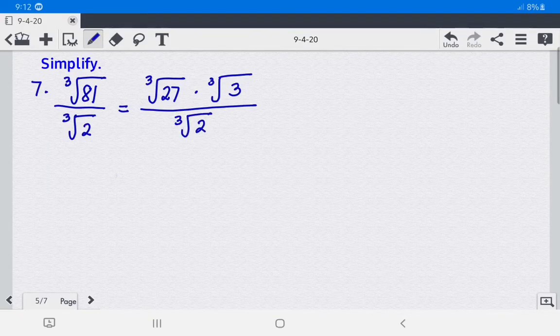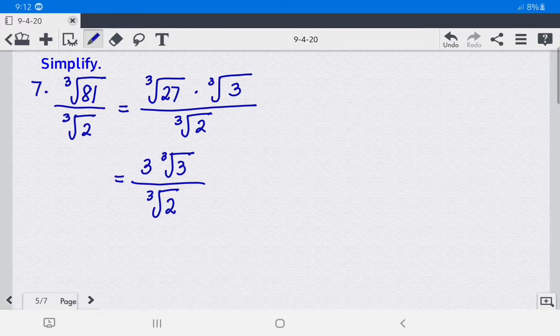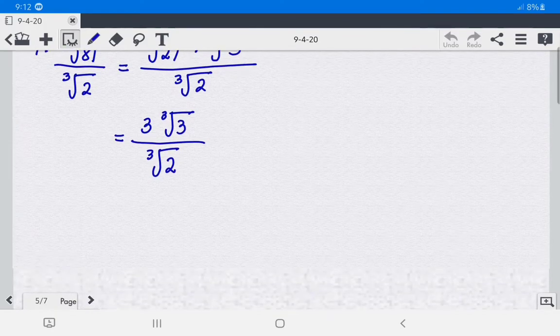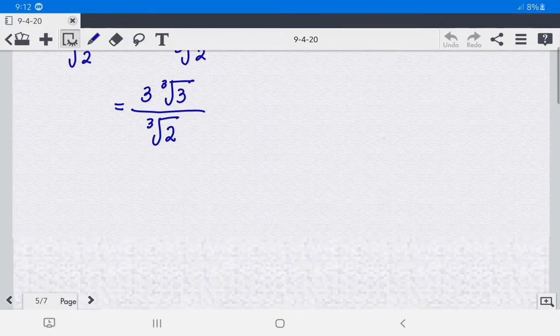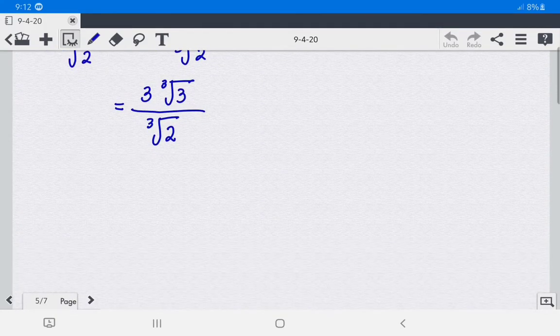Okay. Then cube root of 27 is 3. Then this one, you will just copy cube root of 3, then over cube root of 2. Okay. So here in this case, notice that there is a radical in the denominator, so we can say that this is not in simplest form, right? So again, we're going to rationalize it.